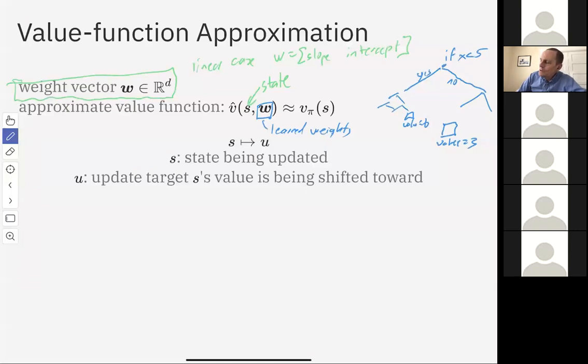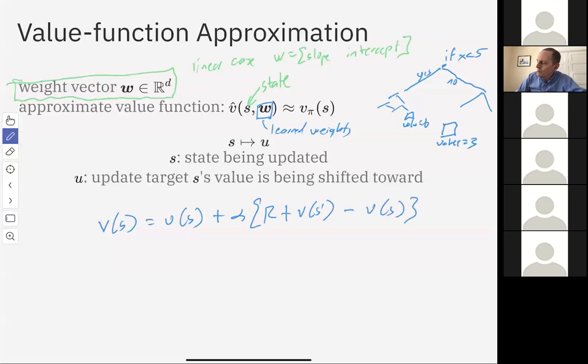What we have been doing is updating, let's say, v of s, or q as well, where we say v of s equals v of s plus some alpha times r plus some, let's say, v of s prime minus v of s.